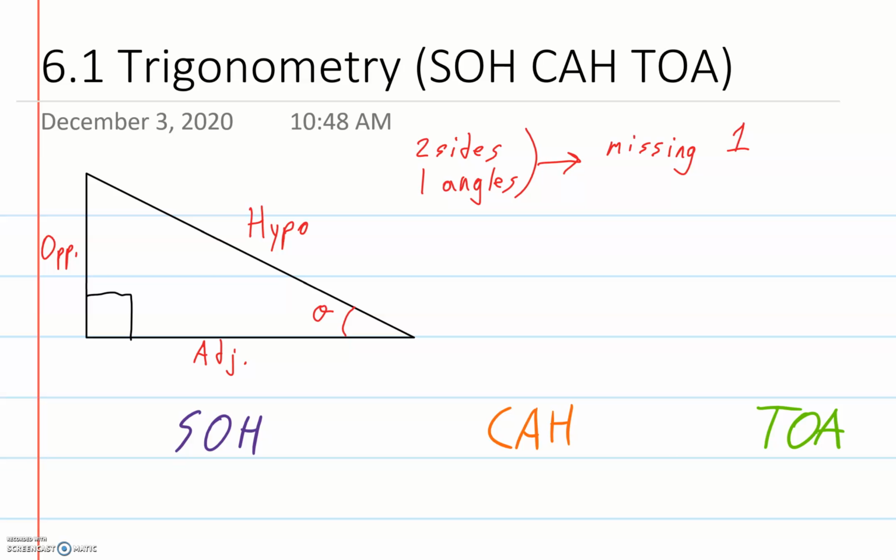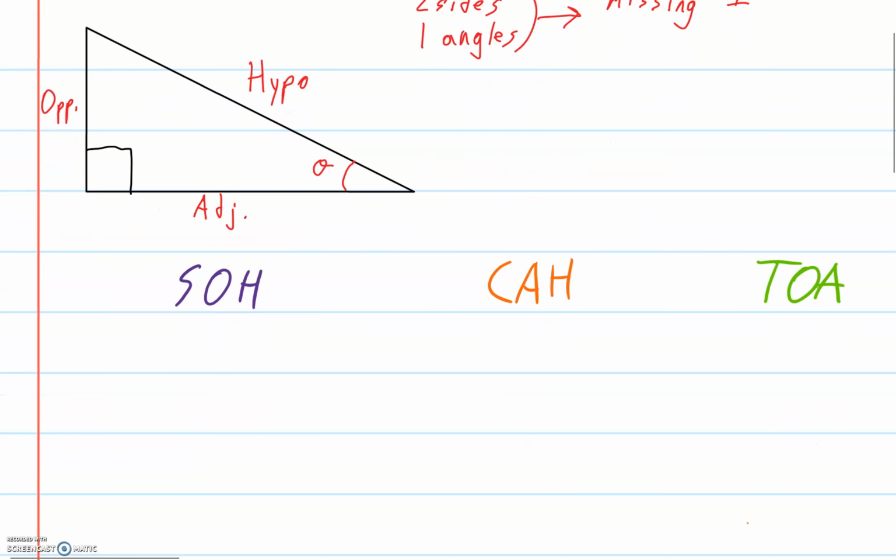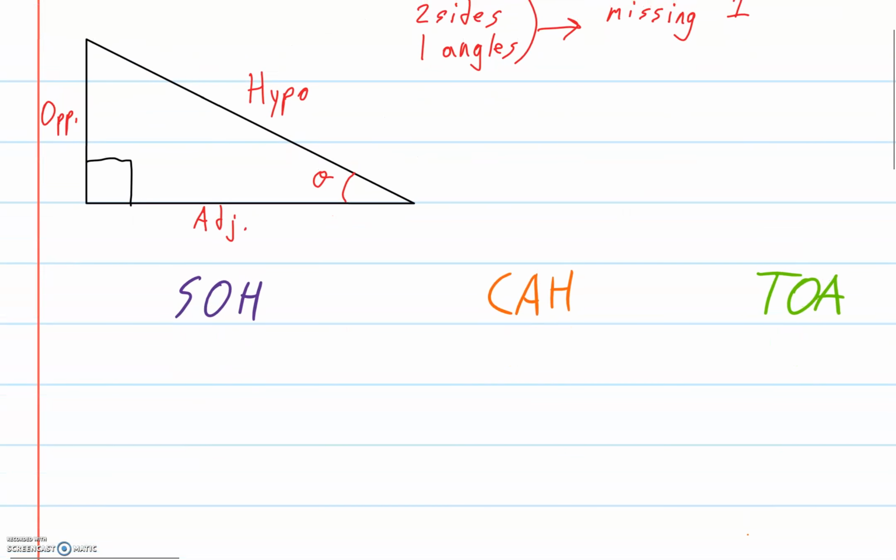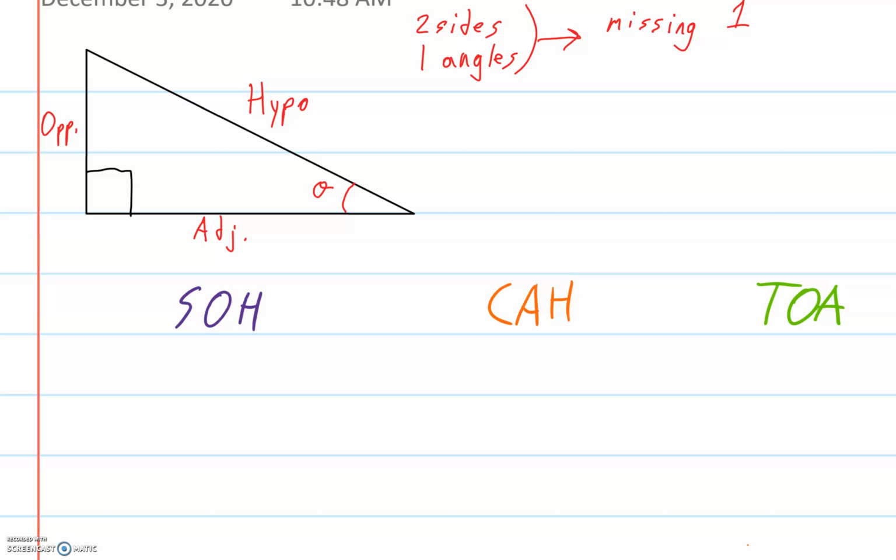So all you need is one side and one angle, and you can solve for the other side, or two sides and you can solve for the angle. And that's because this is a 90 and you already do know the angle here. That's useful information because we're now going to look at the basic equations for Sohcahtoa.